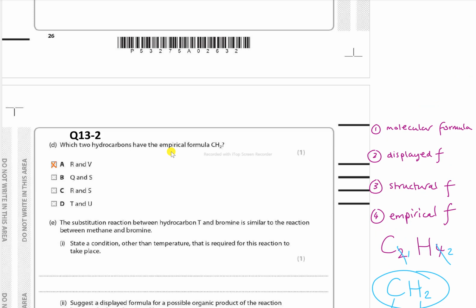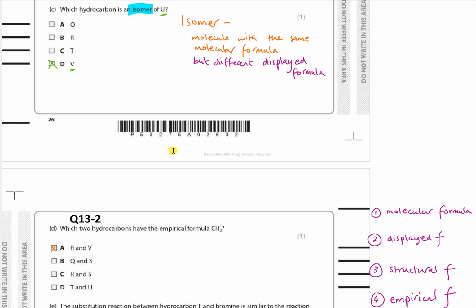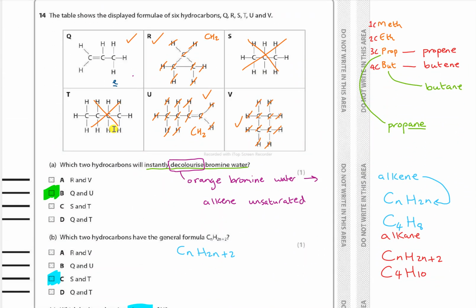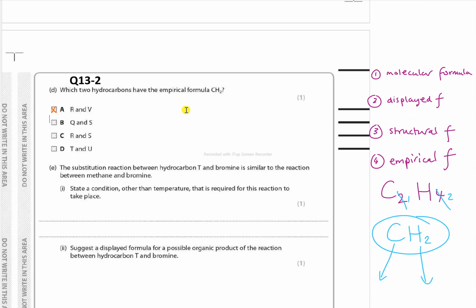The other 2 they've not given, so we can't include those. So it's definitely not T and S, not anything with an S or a T. So that's the only option. I thought they were going to ask for all of them, but it doesn't matter.